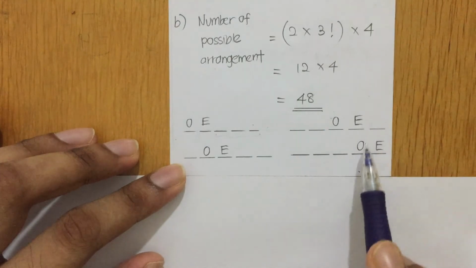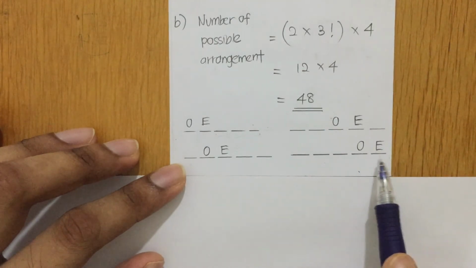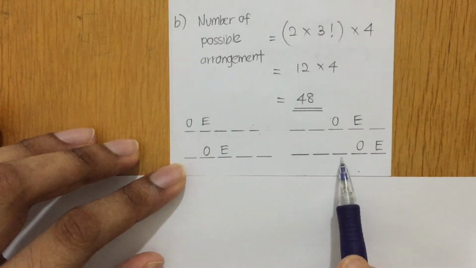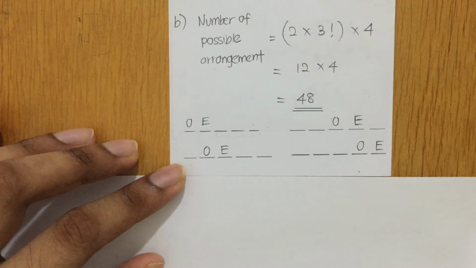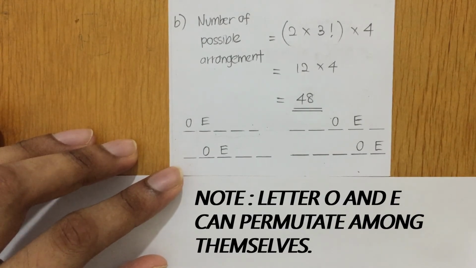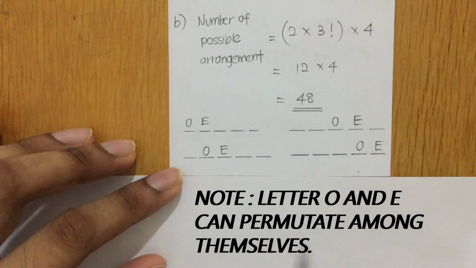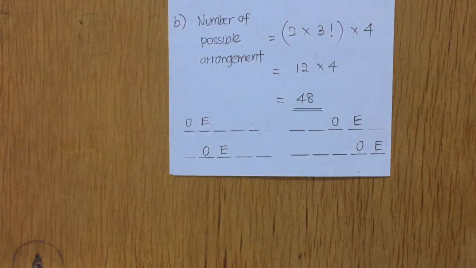The last case will be letters O and E in space 4 and space 5, and the first 3 letters you permutate. So these are the 4 possible cases where letters O and E are side by side. That's why I times by 4. This is the justification of the working for part B.